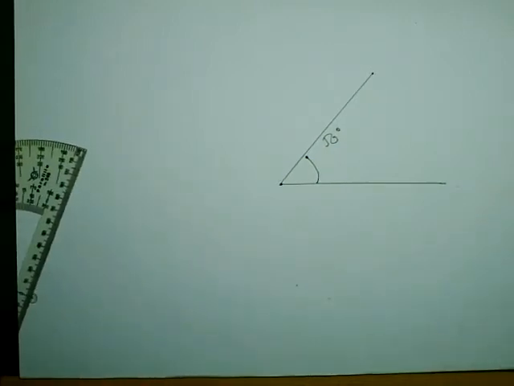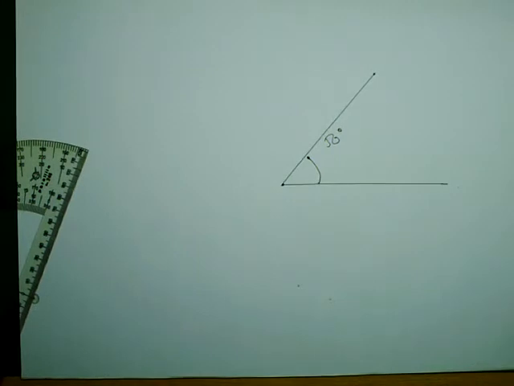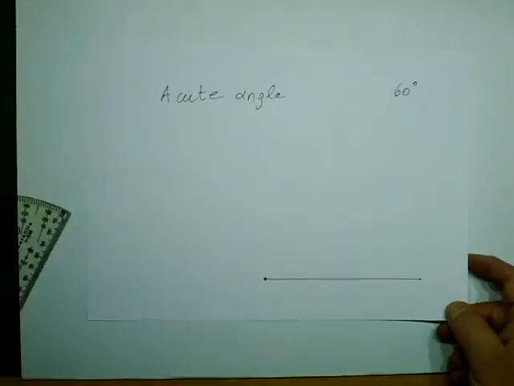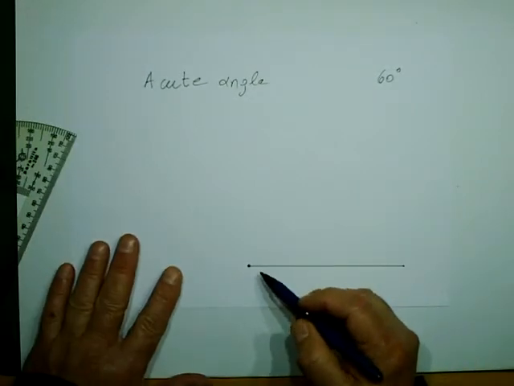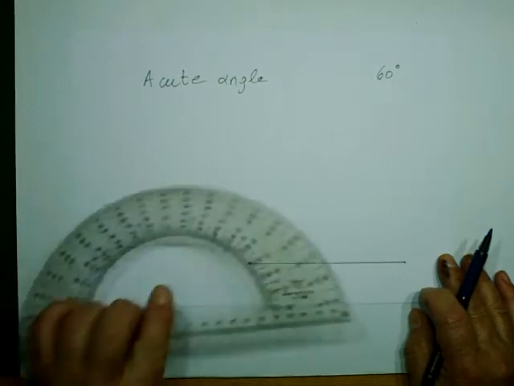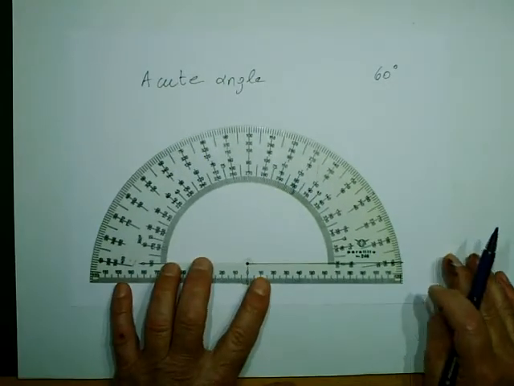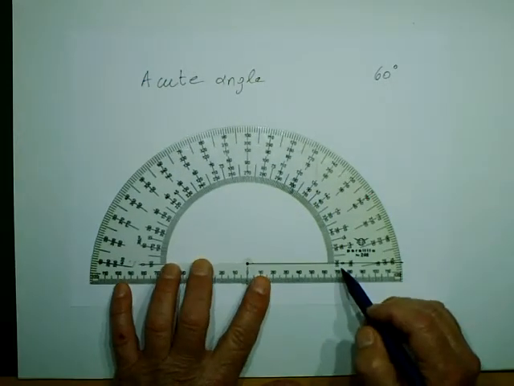Now, let's try to draw an angle of 60 degrees anti-clockwise, as we said before. This is our fixed point. We put the protractor here and 0 on the starting line.